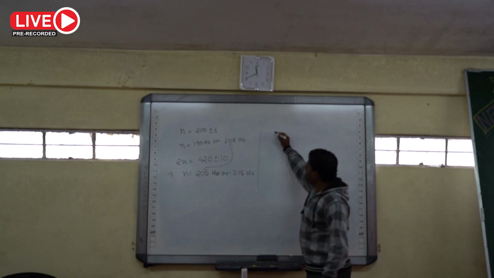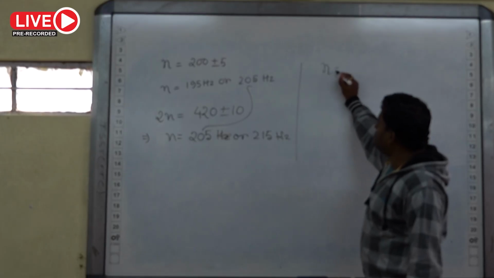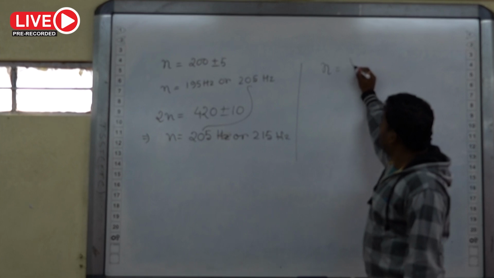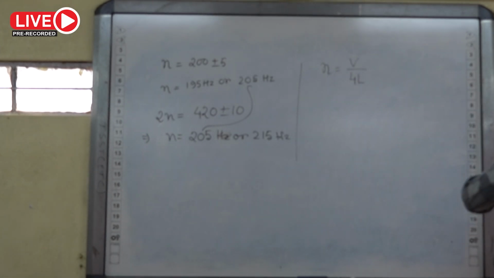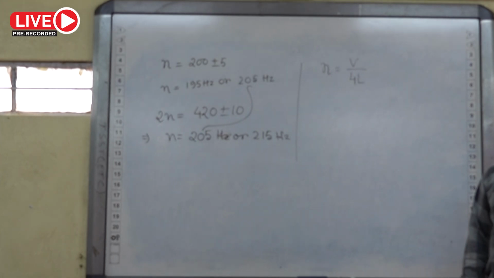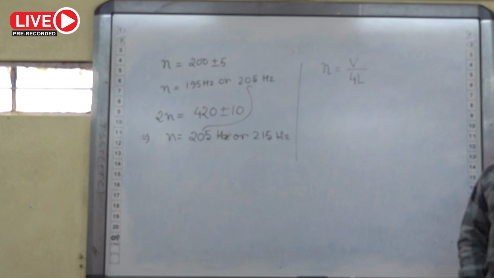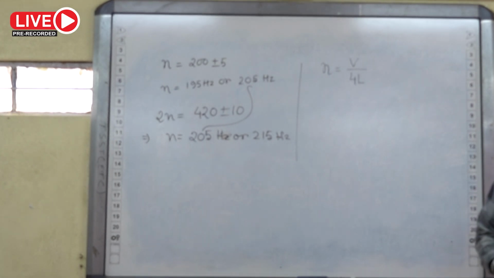The fundamental frequency in a closed organ pipe is N equal to V by 4L. Now 1/4 of the pipe is filled with water. So what is the length of the air column of the pipe now? 3L by 4.